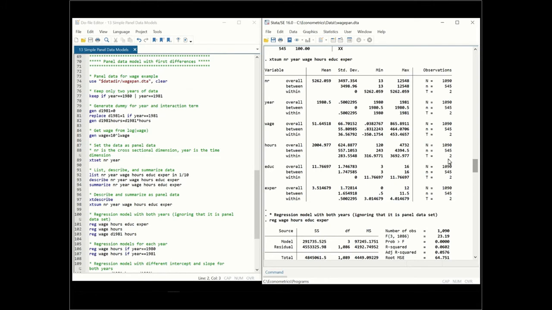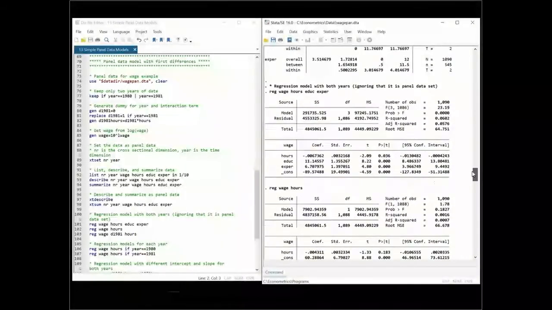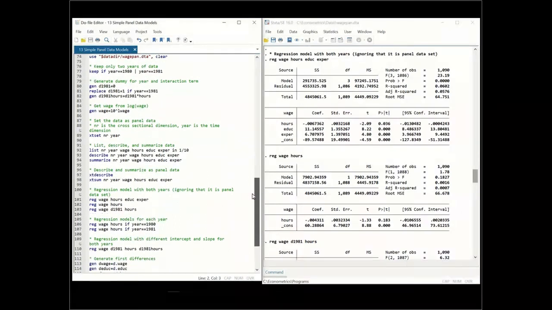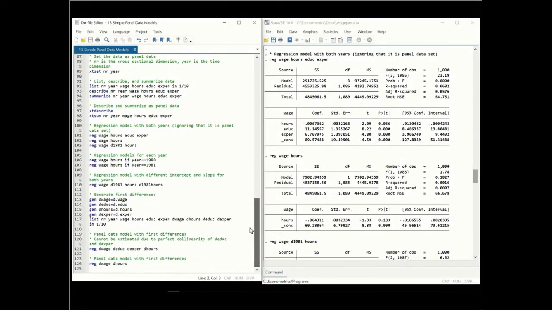So let's consider a regression model where we have both years. Here is a regression model where we have both years. We would be regressing wage on hours, education, and experience. So here are the results that we have.